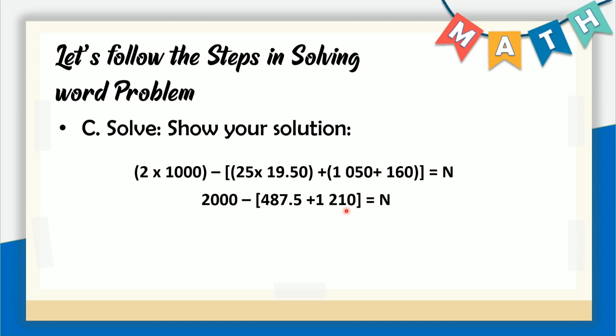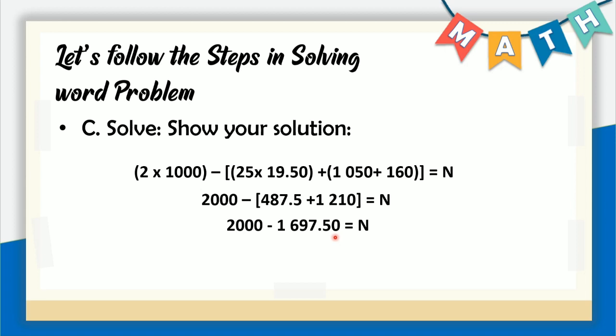Next, we are going to perform operations inside the bracket. 487.50 plus 1,210 is equal to 1,697.50.